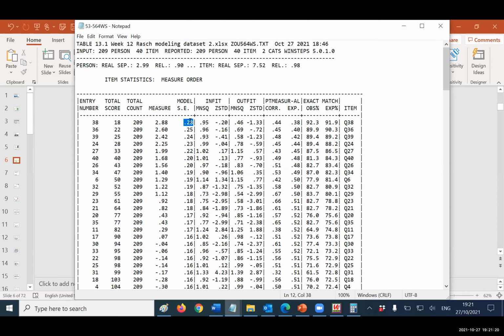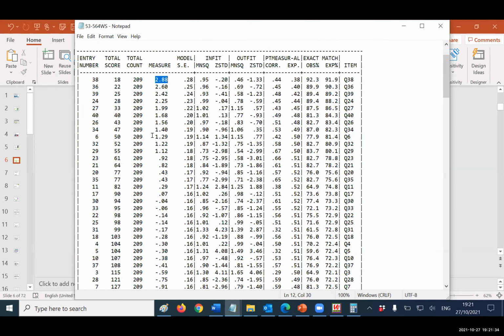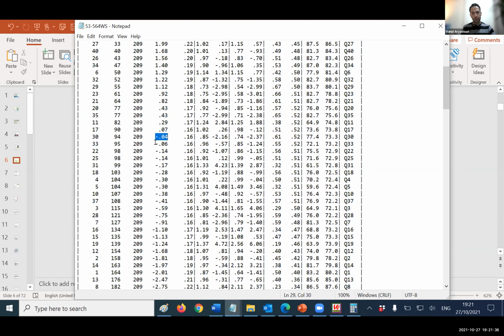For the measure, I see some figures with a minus below. Yeah, so these are those items that fall under 0. So you just plus minus 0.16. Yeah, is that your question?